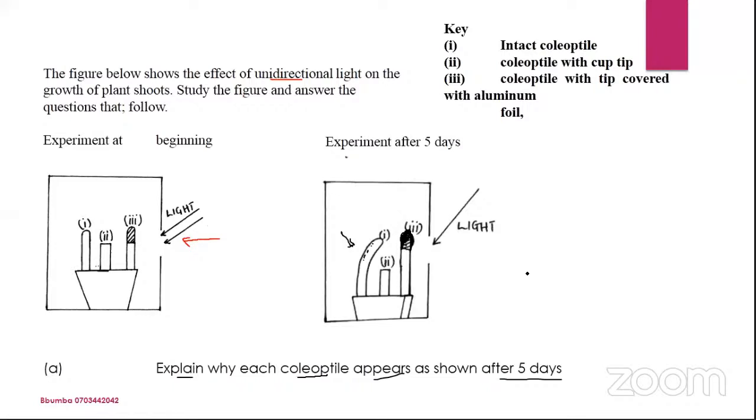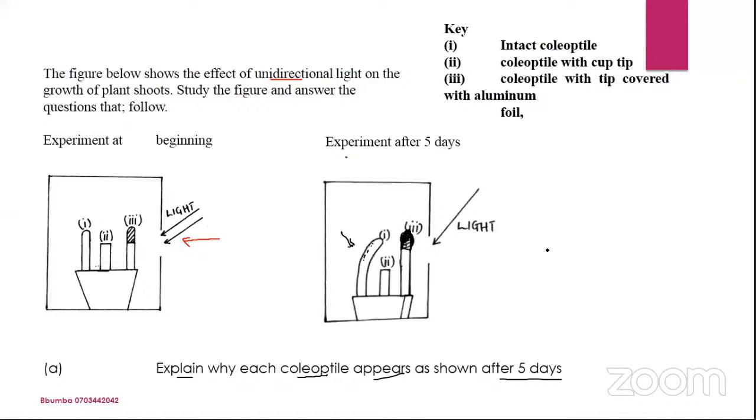Then there is Faith. I think when the light was exposed to the seedling, the auxins moved to the opposite side of the seedling.